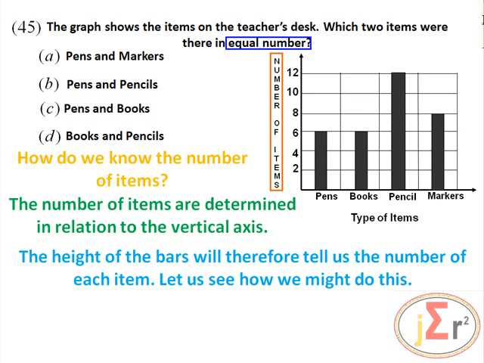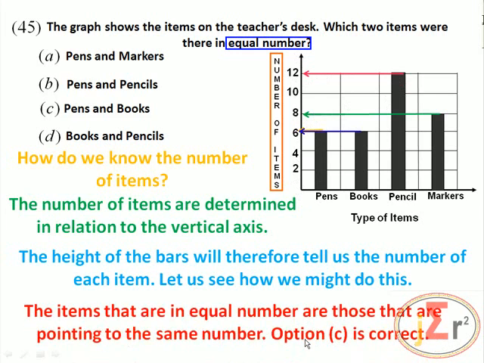Let us see how we might do this. How do we use the length of the bars to determine the number of each item? So we go to the top of each bar and there's an arrow pointing across to the axis. This vertical axis is what we use to determine the number of items.